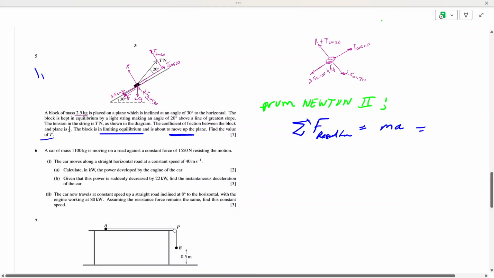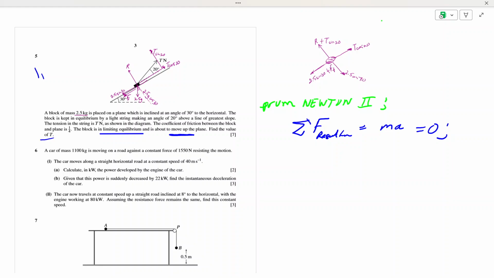And we know that it is equal to 0 because the block is just in limiting equilibrium, which means it's about to move up. Remember, the question doesn't say it's moving yet, it's about to move up. So forces acting in the upward direction are equal to forces acting in the downward direction. Since it's neither moving up nor down, forces acting in this direction and in that direction are also going to be equal. So I'm going to use that fact.